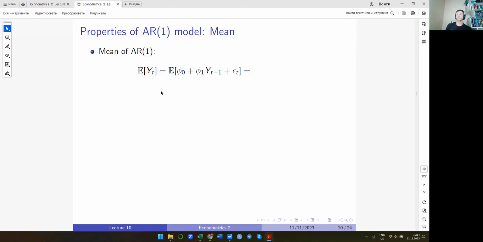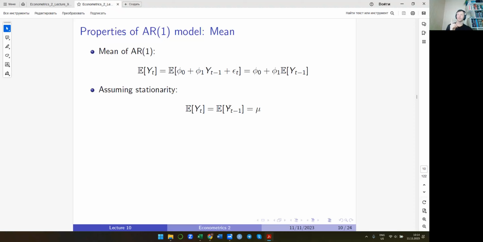Expected value of yt is the expected value of this expression. Expected value of the sum is the sum of expected values. Expected value of phi 0 is phi 0. Expected value of phi 1 times yt minus 1 is phi 1 times the expected value of yt minus 1. Expected value of epsilon is 0 here.